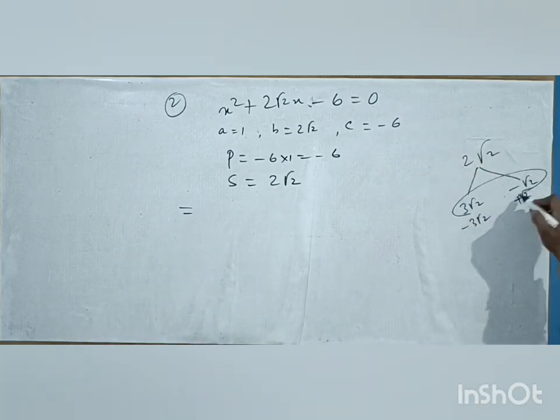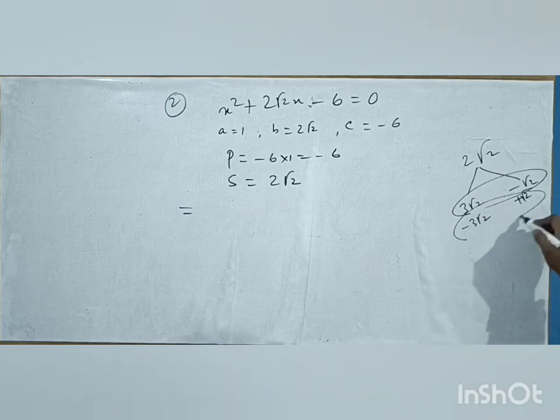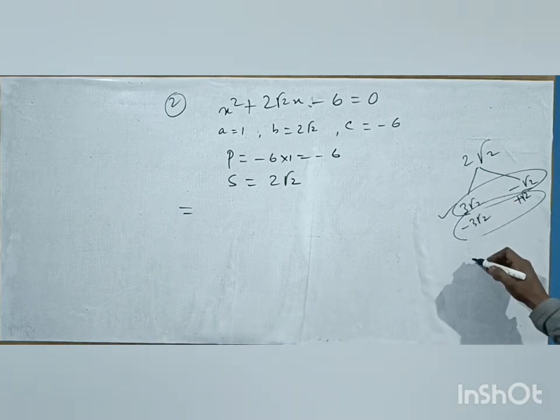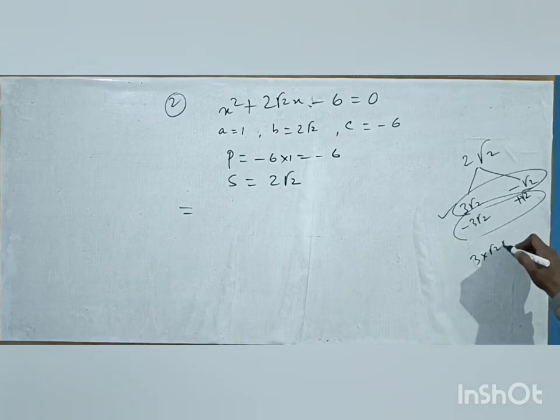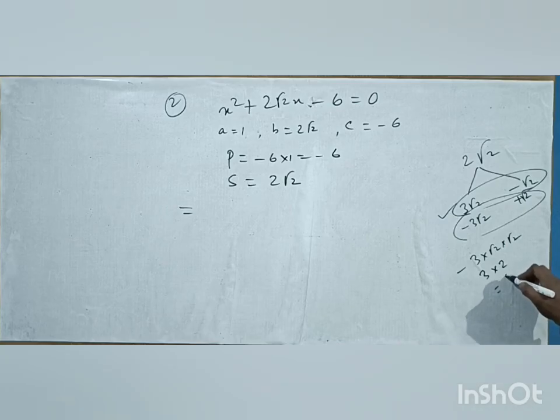This will be plus 3 root 2, this will be minus root 2, so this we will take. And the product will be 3 into root 2 into root 2, that will be 6, minus 6.